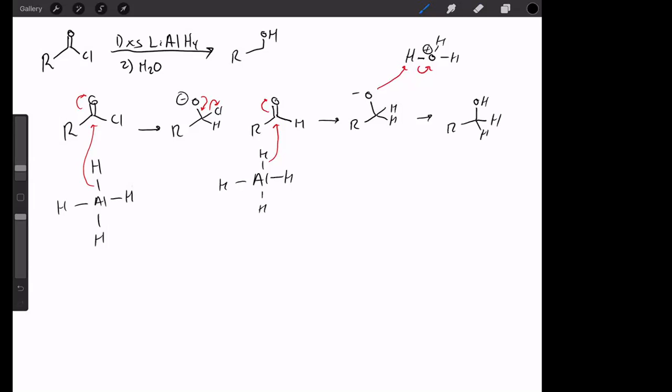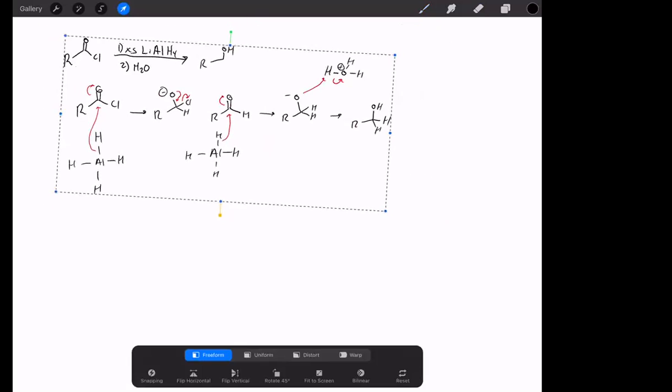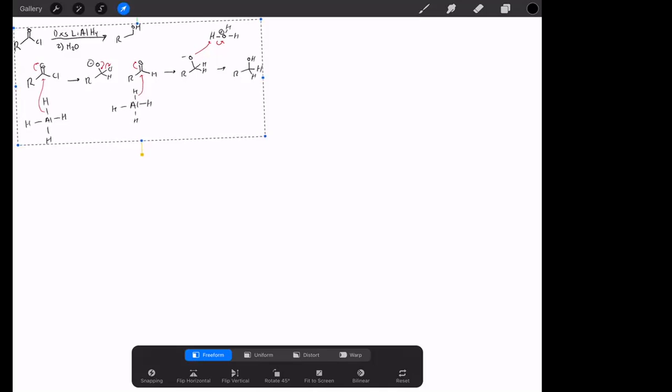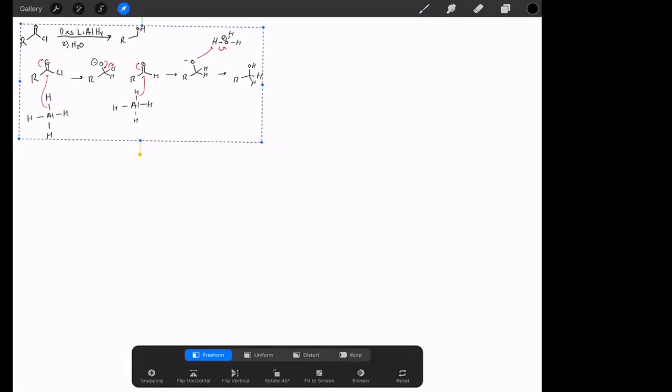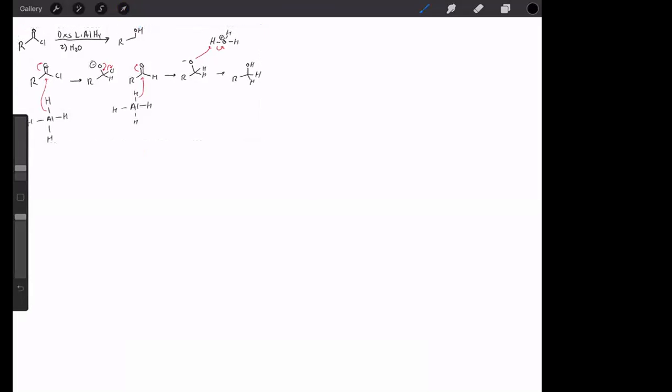Now there is a version of aluminum hydride that is analogous to the poisoned catalyst from our Orgo 1 days. If we wanted to produce an alkene from an alkyne, we couldn't just use H2 and platinum catalyst. We had to use a poisoned catalyst. It's the same idea here, but it's steric hindrance instead.